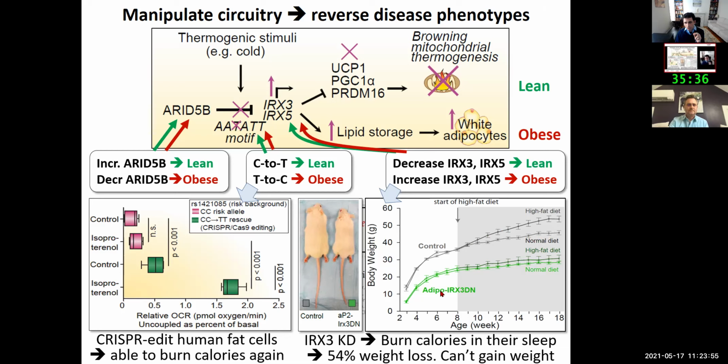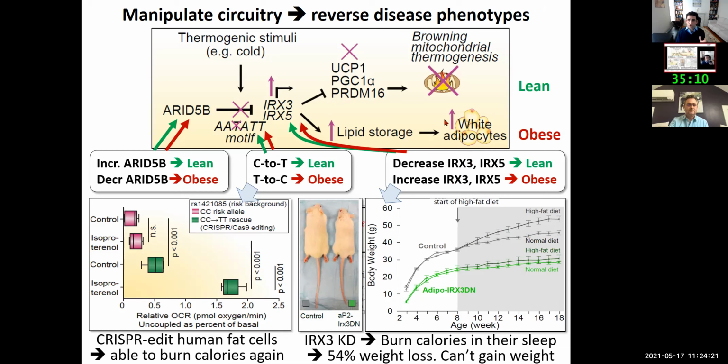These dominant negative IRX3 mice are unable to gain weight. If you observe their fat stores, they're simply depleted, they're gone. They are unable to store energy as fat. They're only burning that energy. They don't change their appetite, they don't change their diet, they don't change their exercise, they don't change their activity. They're simply burning calories when they're awake and when they're asleep.